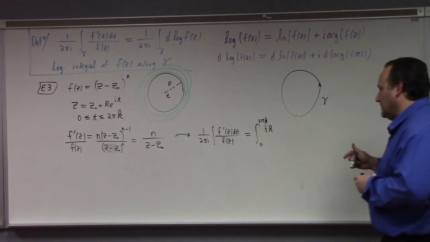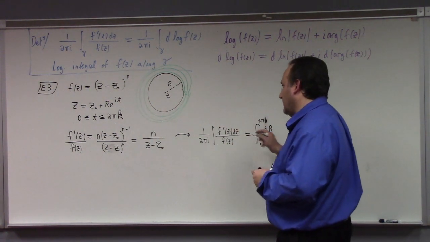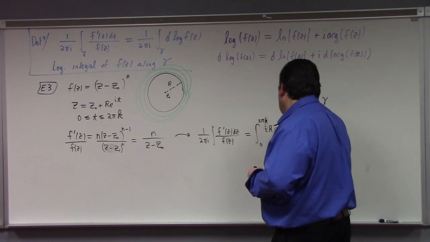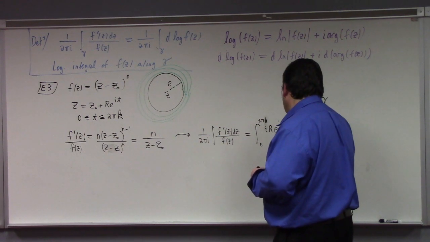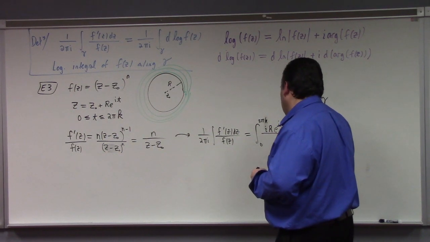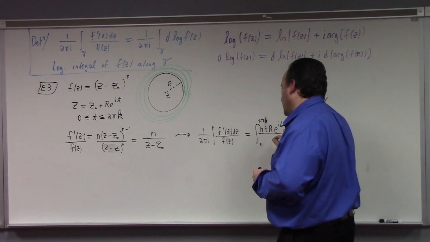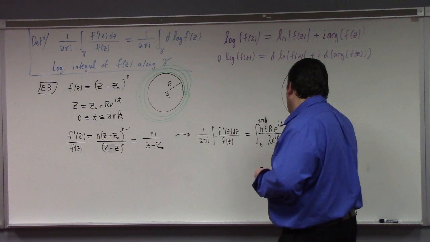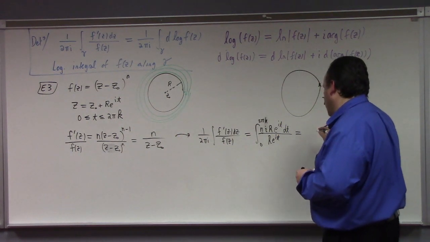But let's do it. i r e to the i t dt, that's my dz. And then the f prime over f just leaves me with an n from the differentiation, and z minus z naught is just r e to the i t. So the r's cancel, and the e to the i t cancels.